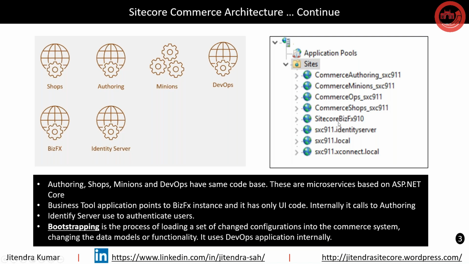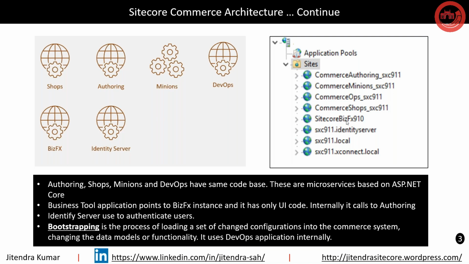When you install Sitecore Commerce, you will see another five instances in your IIS: the Sitecore Commerce authoring, then a Sitecore Commerce minion, then Sitecore Commerce ops and sops, and at last a Sitecore bizfx. Basically, all these websites get installed when you install Sitecore Commerce, and it works in a connected mode. The next question is why we require so many websites.